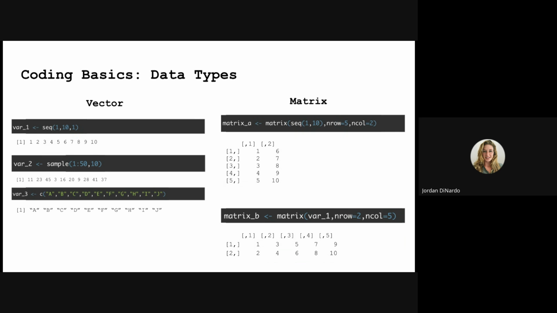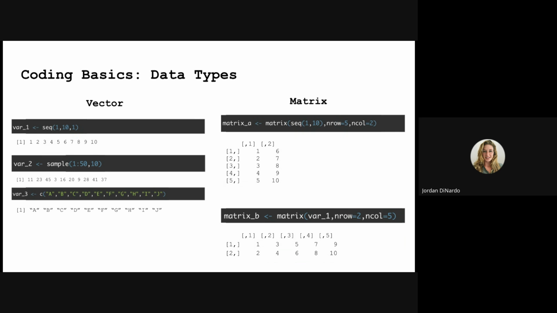Same thing for this next example. We've seen this before. We're using the sample function, sampling 10 numbers from the numbers 1 through 50, and this is our output here. These are all vectors. And finally here, we're again seeing the concatenate function, stringing A through J together, and that is a vector.